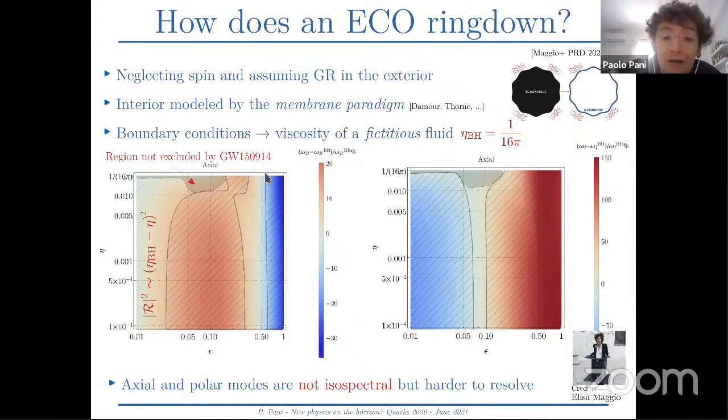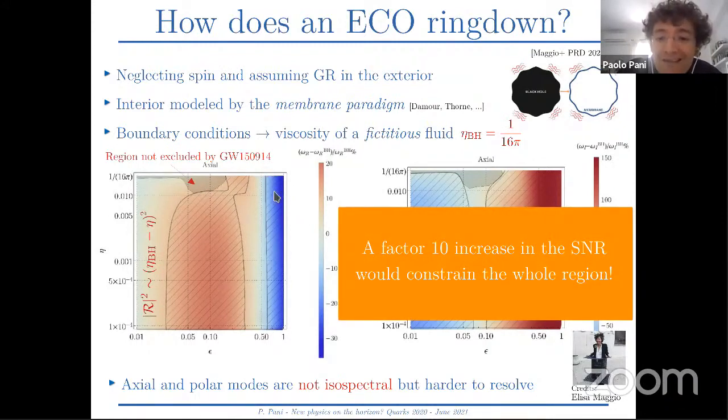And already the very first gravitational wave event put some constraint on these numbers, real and imaginary part. This gray area is the only one that is not excluded by GW150914. Interestingly enough, if one increases the signal to noise ratio, as will be done in the future by a factor of 10 roughly, all this region will go away. So in principle, one can constrain the entirety of this diagram.